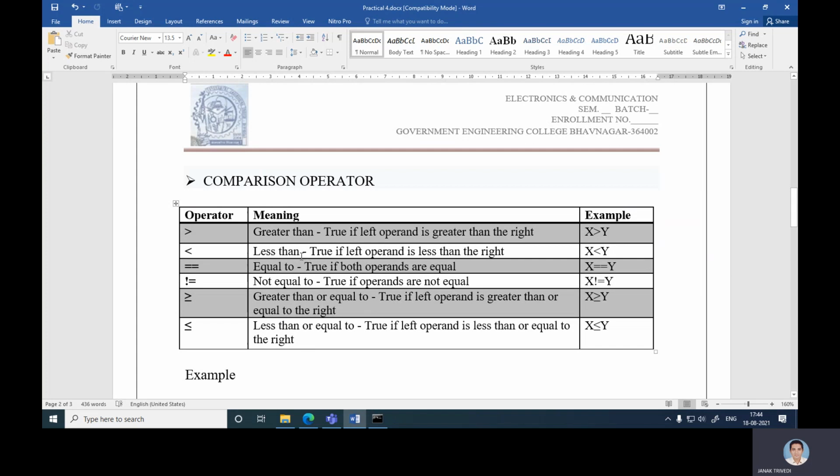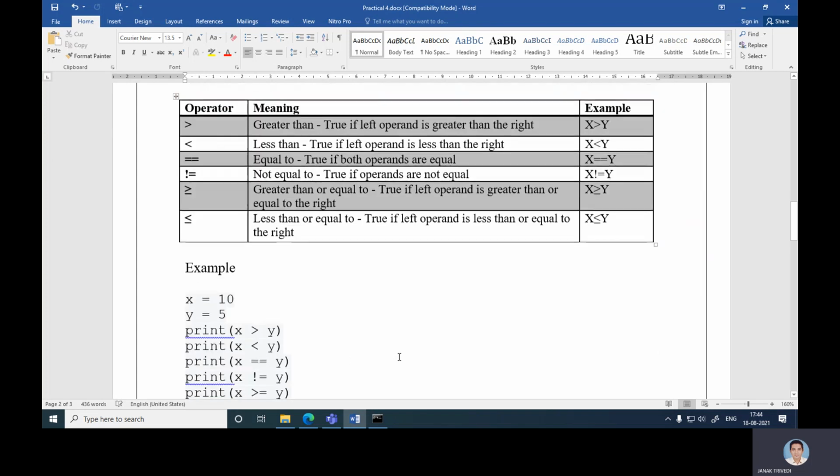Less than is true if left operand is less than the right. Equal to means true if both operands are equal. Not equal to means true if operands are not equal. Greater than or equal to means true if left operand is greater than or equal to the right. Less than or equal to means true if left operand is less than or equal to the right.